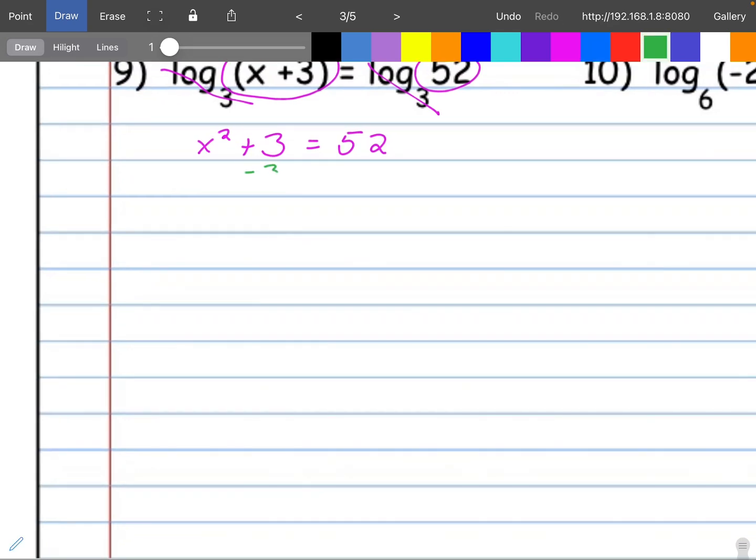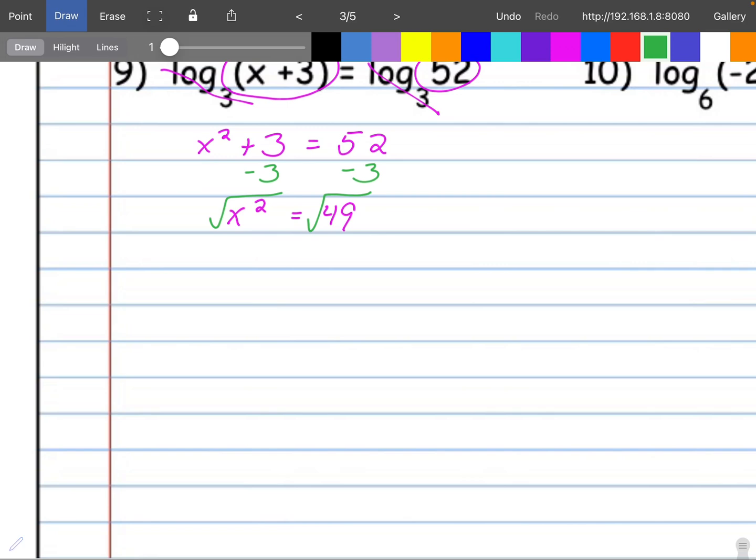So to get that x squared by itself, I'm going to need to subtract the 3, which is going to give me x squared alone on the left, and then 52 minus 3 is 49. Now we have x squared, but we want x. So to undo squared, we square root.